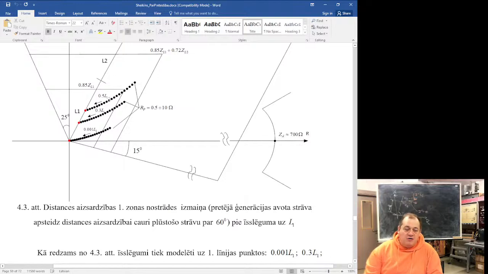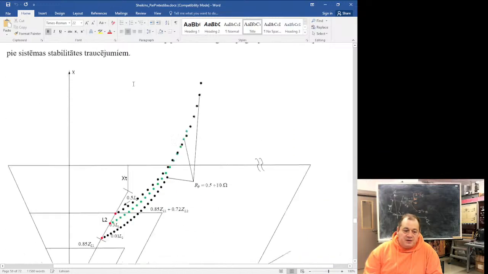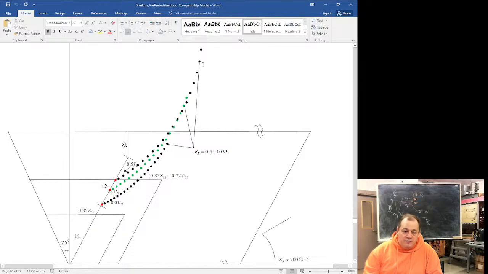Here, fault in the instant zone, but the relay will be triggered in the second zone. Here, from outside, no operation at all, comes in third zone and then travels to the second.